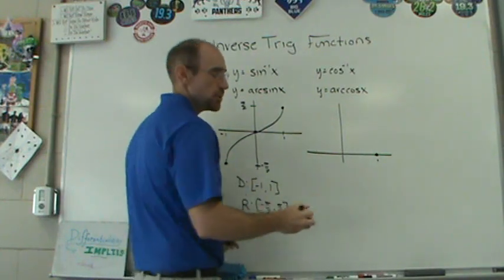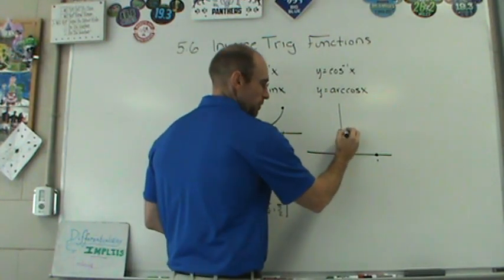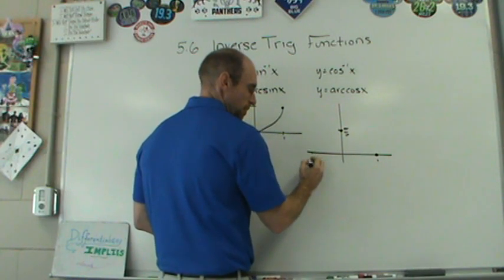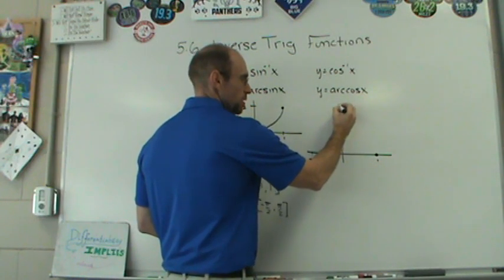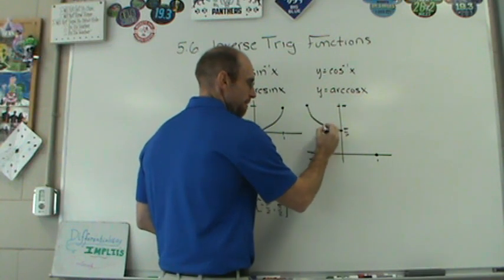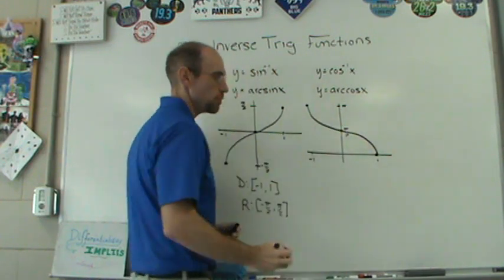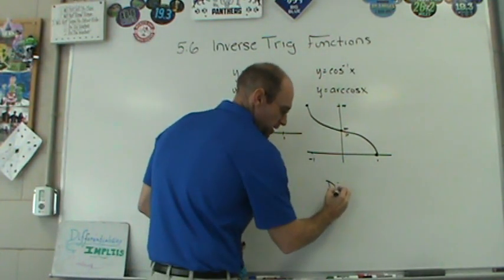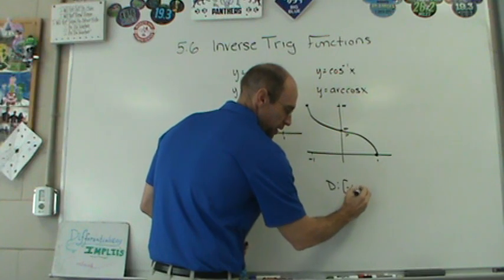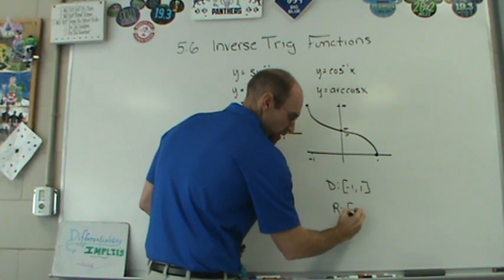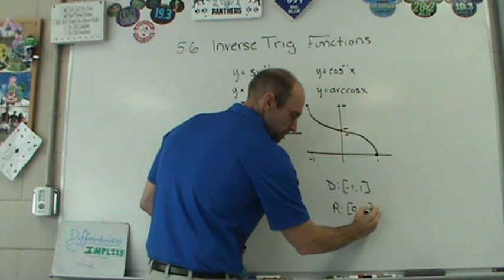At pi over 2, cosine is 0, so at 0, we're at pi over 2. And at pi, it's negative 1, so we're going to have (negative 1, pi). Goes through and does one of those deals there. And then our domain is also negative 1 to 1, brackets. Range is going to be 0 to pi this time.